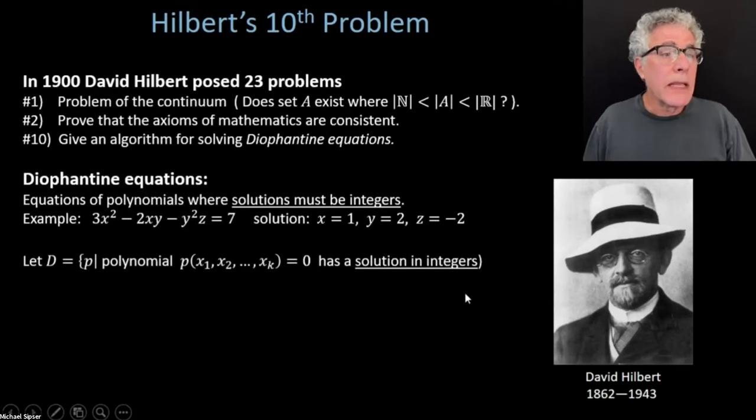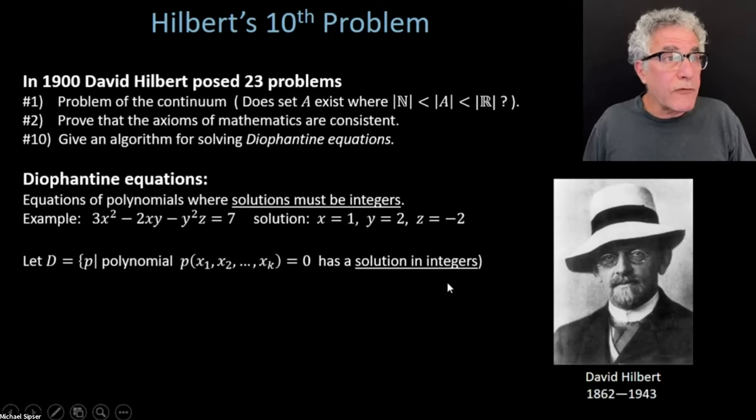Now, the general problem that Hilbert was addressing is, suppose I give you a polynomial. Let's say it's set to 0, so we're looking for roots of the polynomial, but just some polynomial equation. You can always put it in this form. And I want to know, does it have a solution in integers?